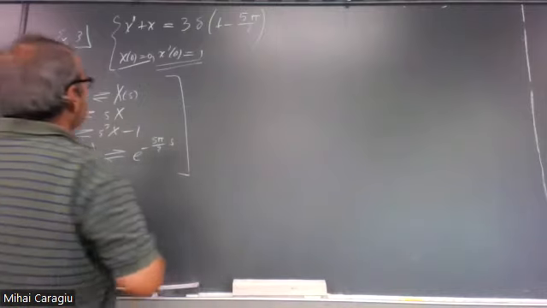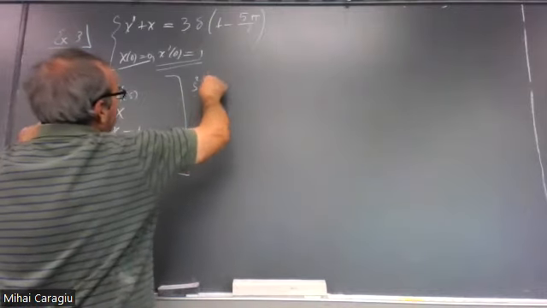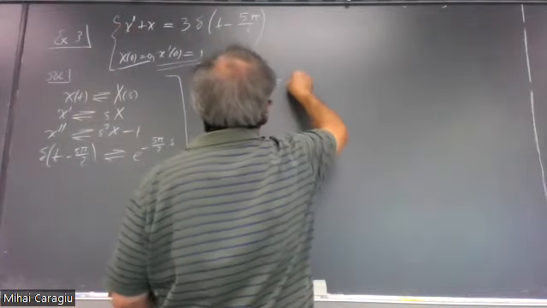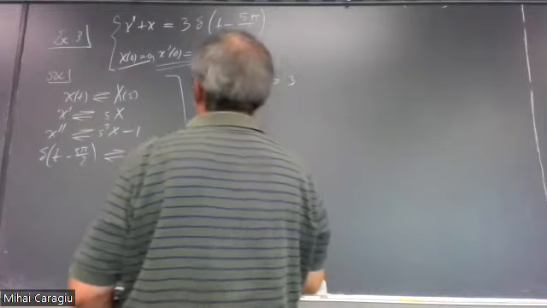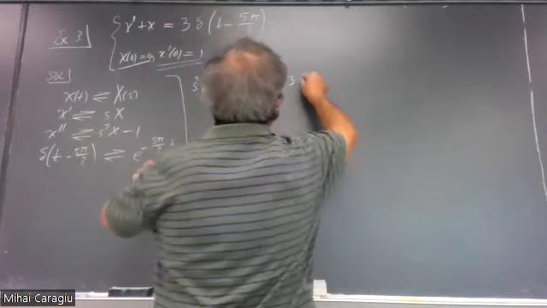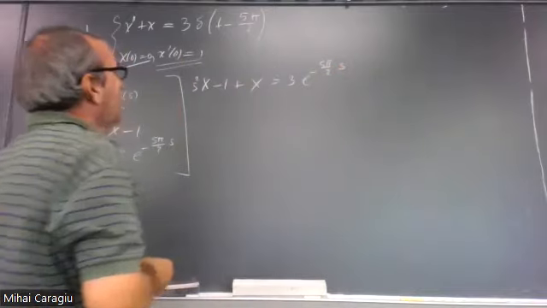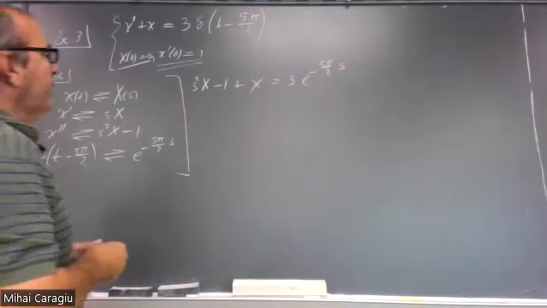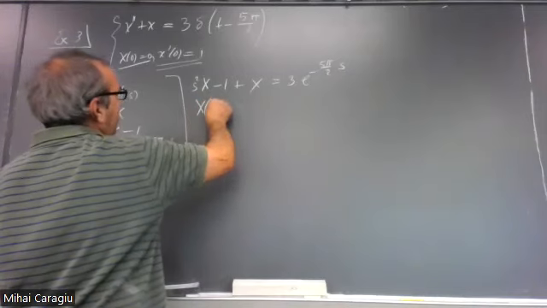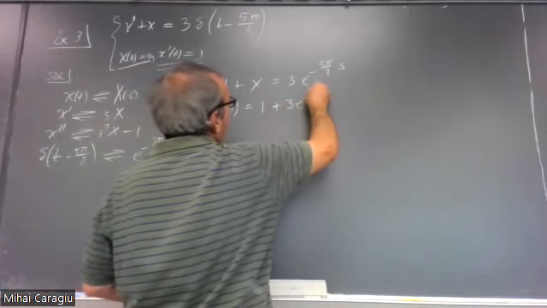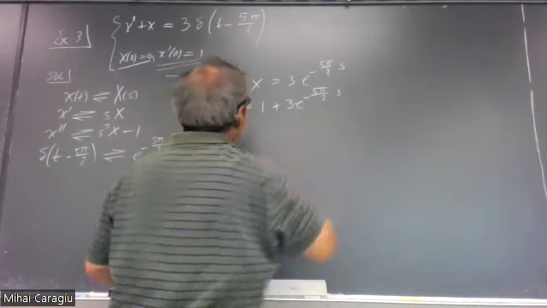X second plus x, so s squared X minus 1 plus X equals 3 e to the power minus 5 pi over 2 s. Again, x to the left, non-x to the right, so X times s squared plus 1 equals 1 plus 3 e to the minus 5 pi over 2 s.